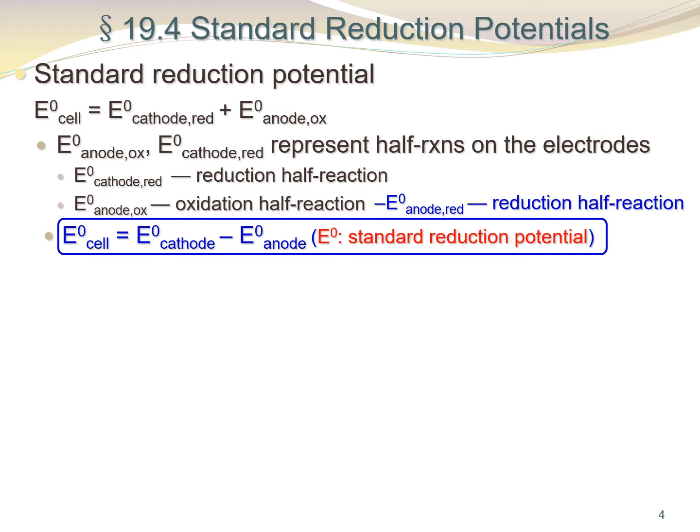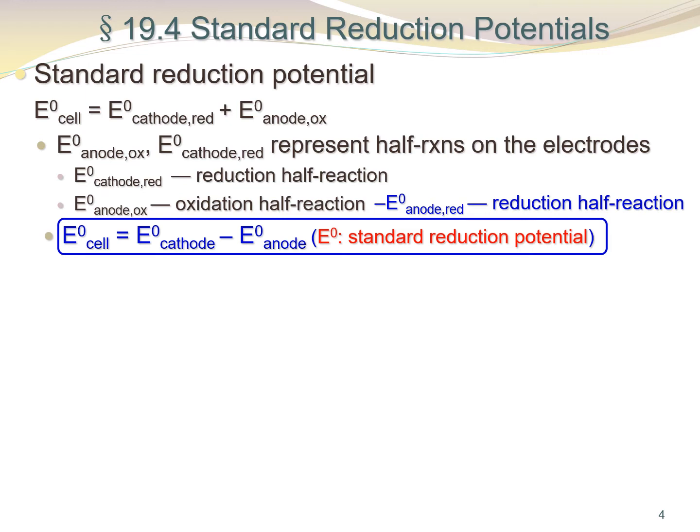So this equation, E0 cell equals to E0 of cathode minus E0 of anode, becomes quite important because all we have to do is to check the value of a reduction potential of everything.